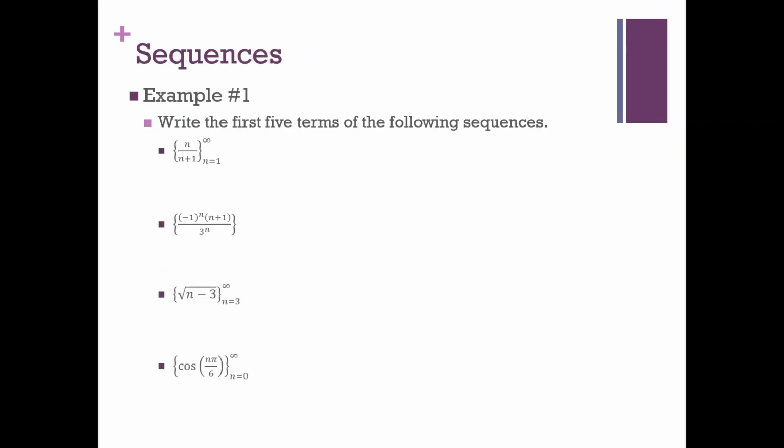So let's look at a couple. I want to find the first 5 terms of these sequences. Take a shot at it. How about the top sequence? What is the first term?